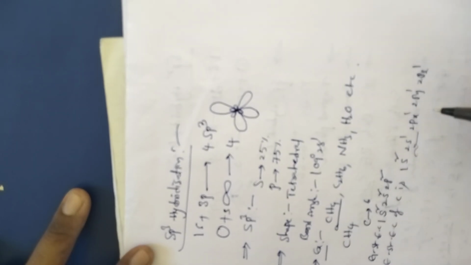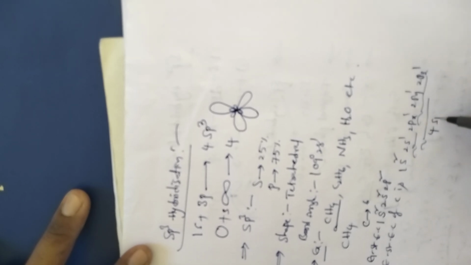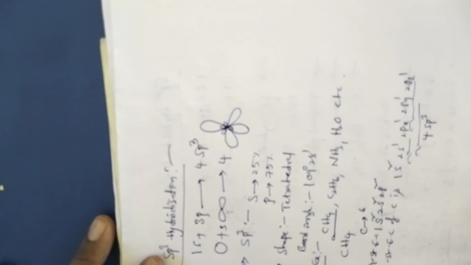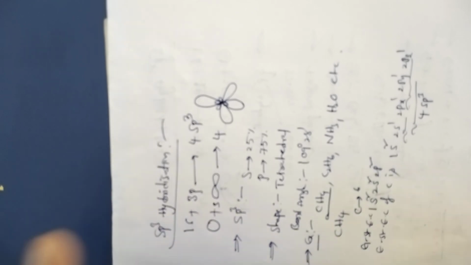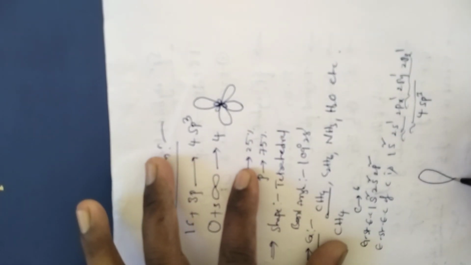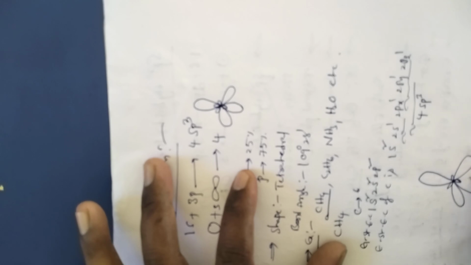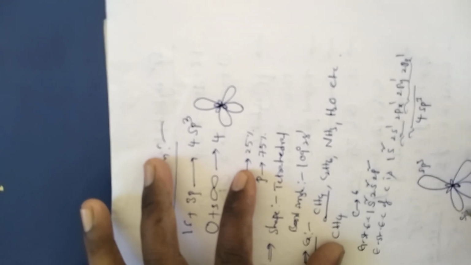Here the 2s orbital and 3 p orbitals combine to form 4 new identical sp3 orbitals. What is the shape of the sp3 hybridized orbitals? This is the shape of the 4 sp3 hybridized orbitals: 1 sp3, 2 sp3, 3 sp3, 4 sp3.